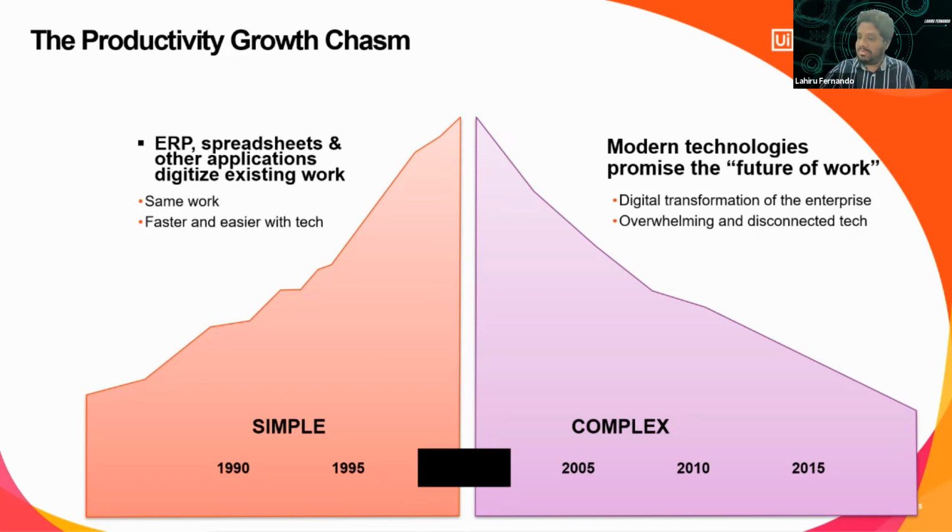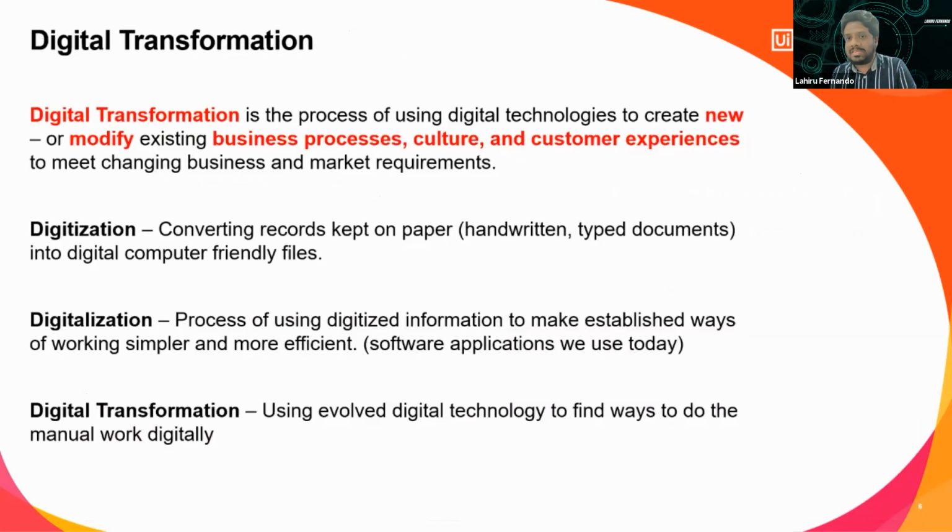Now because of these reasons and the new technologies that we have today, we are slowly moving into automation. That's where digital transformation comes in. So let's have a look at what digital transformation is.